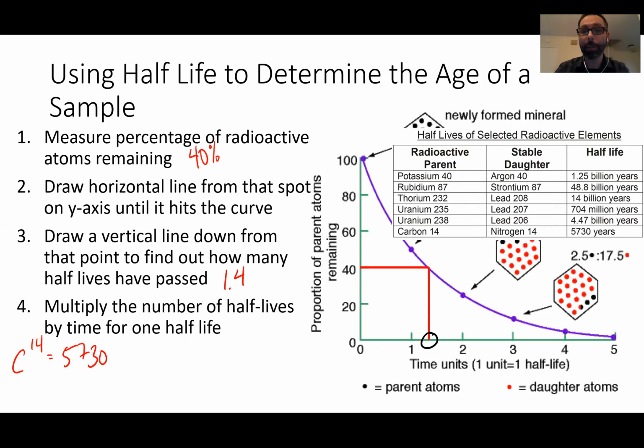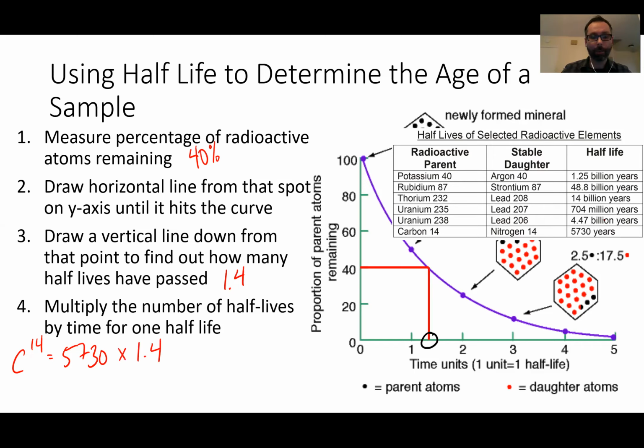Maybe if you found a bone that hasn't actually fossilized, it's just an old bone that's been sitting there for a long time and all dried out, you would use carbon. Now carbon-14 has a half-life of 5,730 years, right? And so how many half-lives is that?